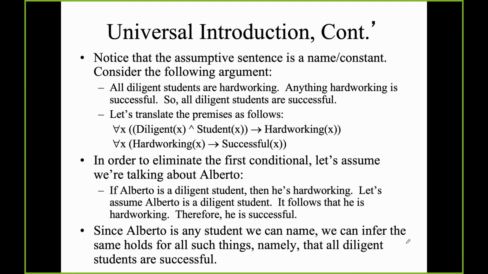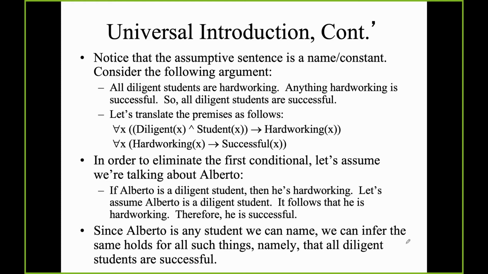Okay, so here's a little bit more of a discussion about what it is that we're talking about when we have the assumed name. And then we'll look at how this works in Fitch. So take the following argument.